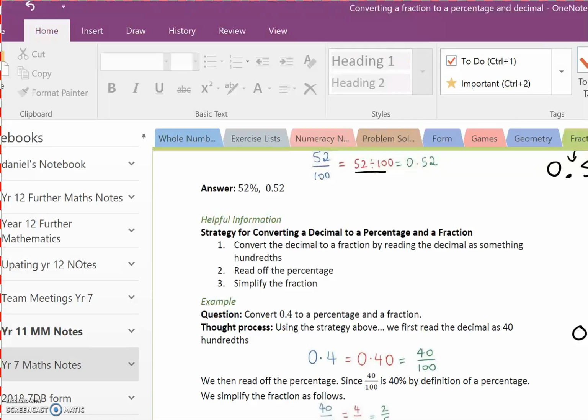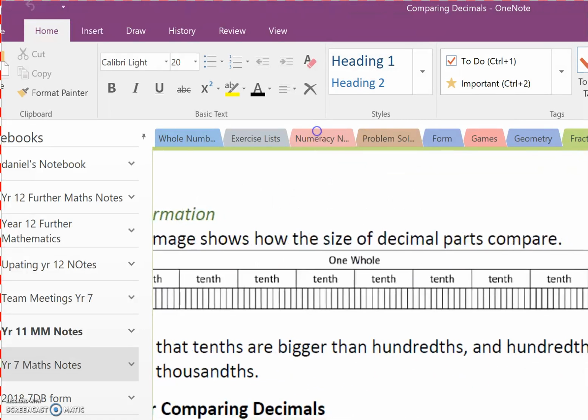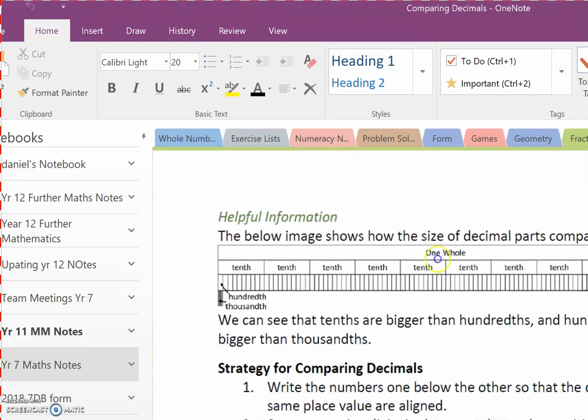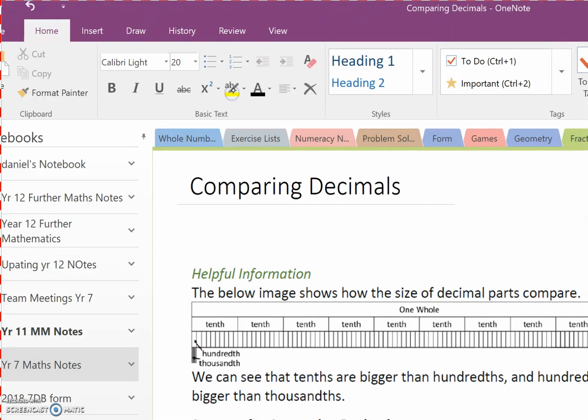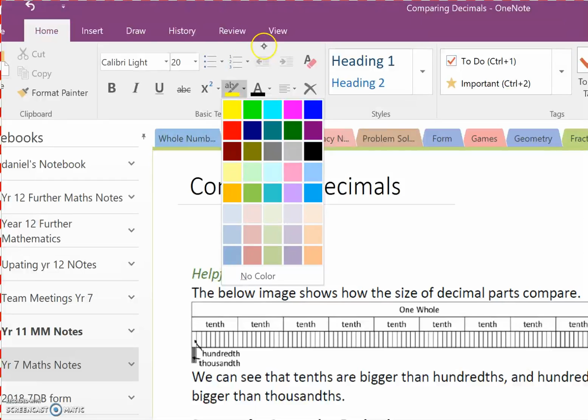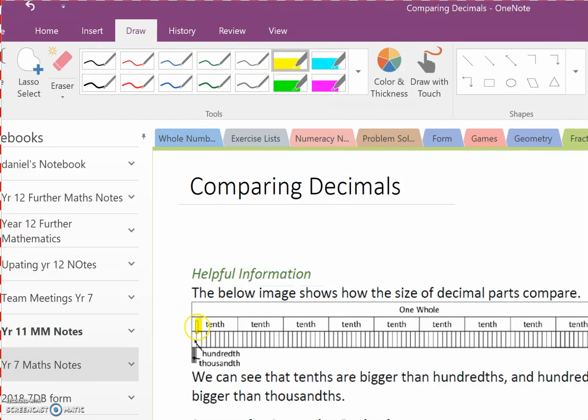Okay, so I should have a picture somewhere here. So 4 tenths is here. And that's actually 40 hundredths.